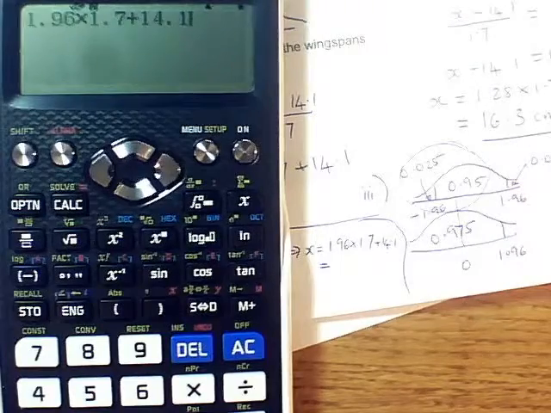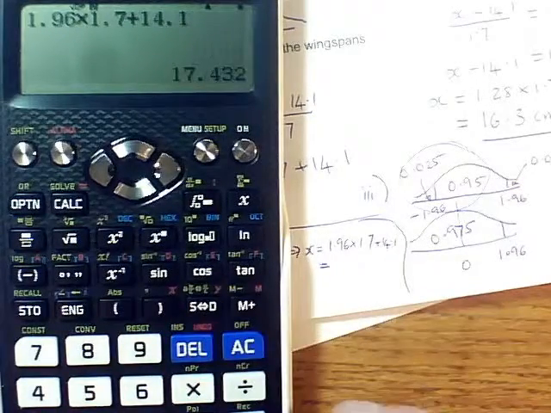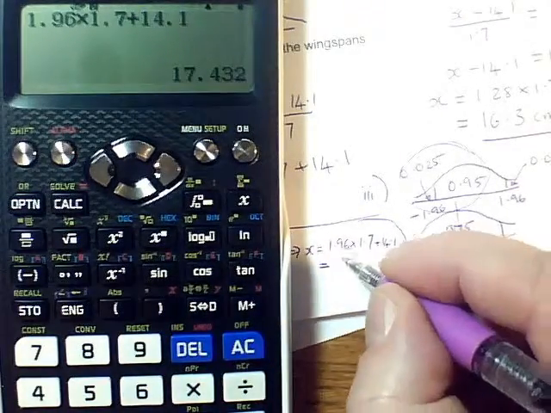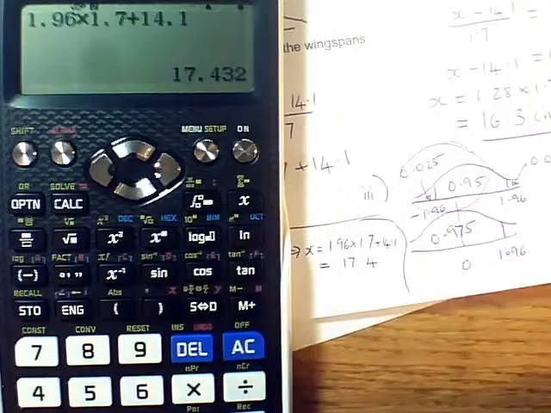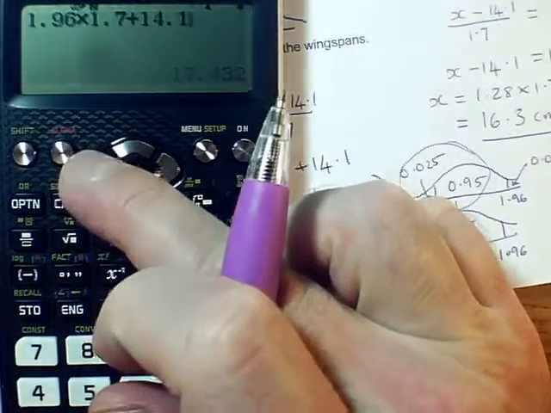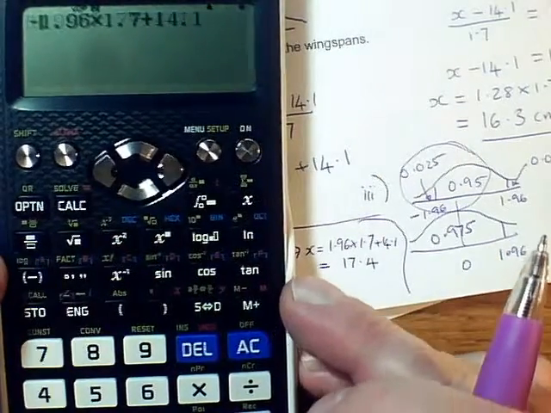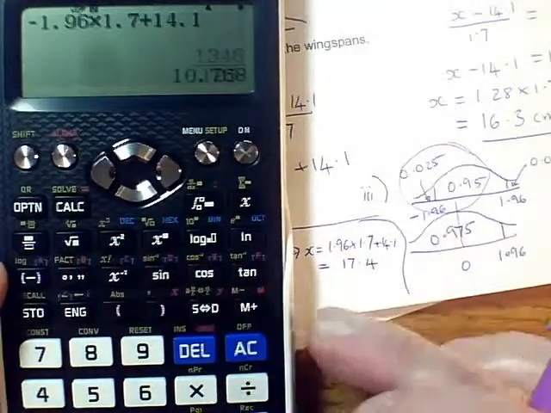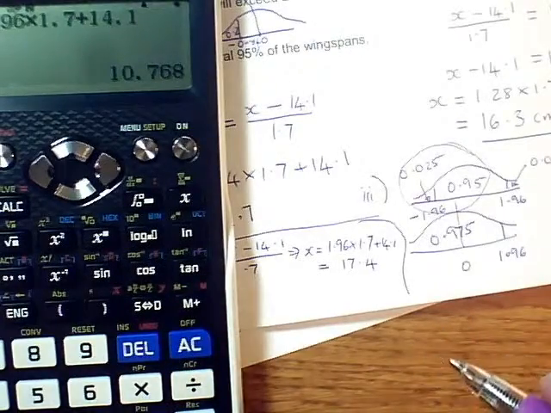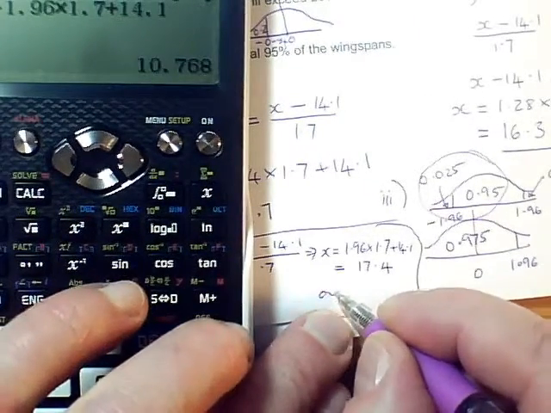So there's the correct calculation, and there's the value, 17.4. And to get the other x value, all I need to do is the same thing, but with the minus 1.96. So if I put a minus in there, I'm going to get the other answer, which is 10.768. So that's 10.8.